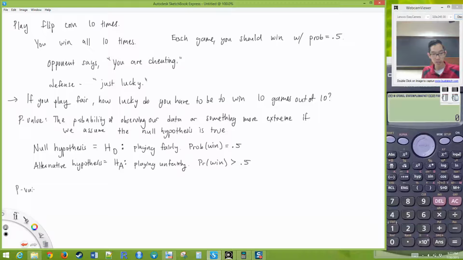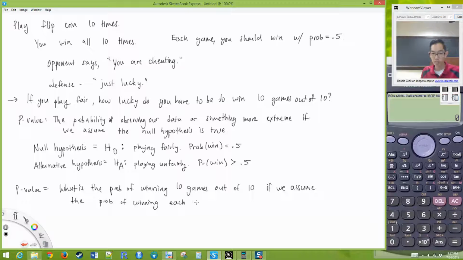So the p-value is, in the context of this problem, what is the probability of winning 10 games out of 10 if we assume the probability of winning each game is 0.5?